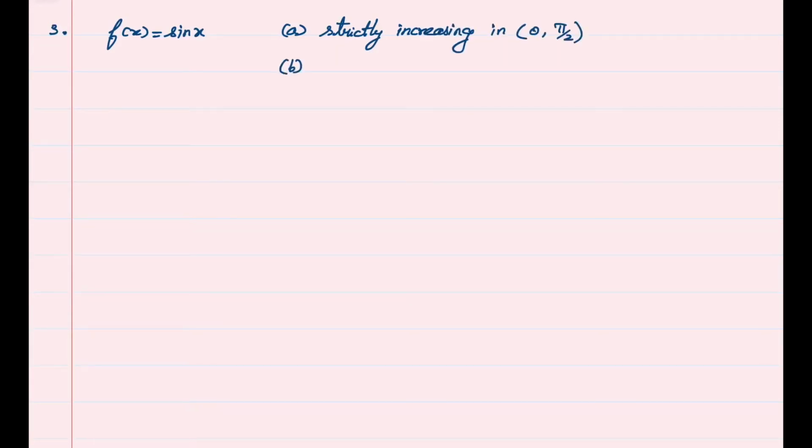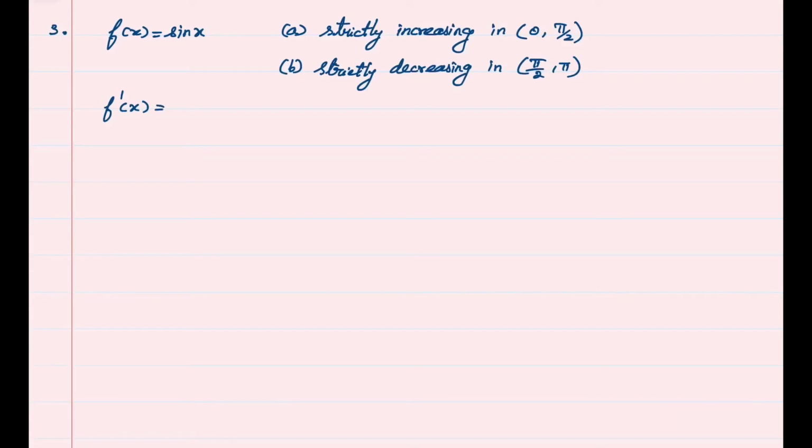Third question, show that the function given by f(x) equal to sin x is strictly increasing in open interval (0, pi/2) and strictly decreasing in open interval (pi/2, pi). Let us first find f'(x).